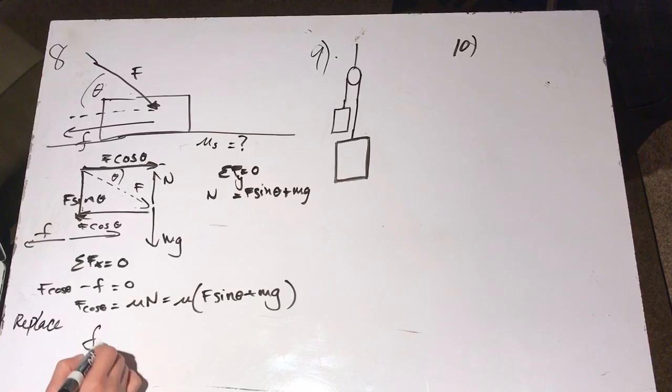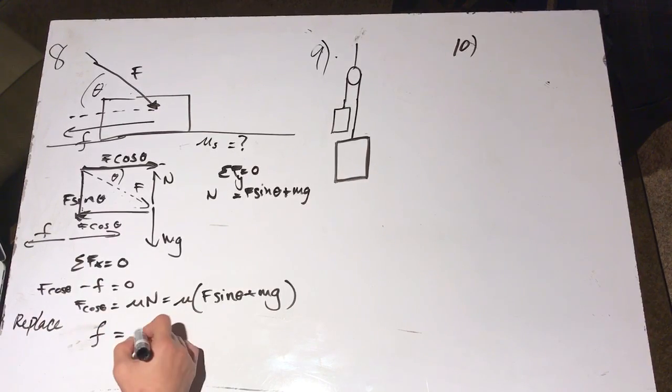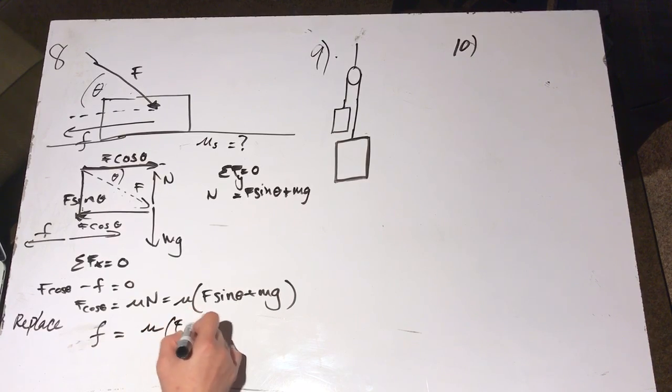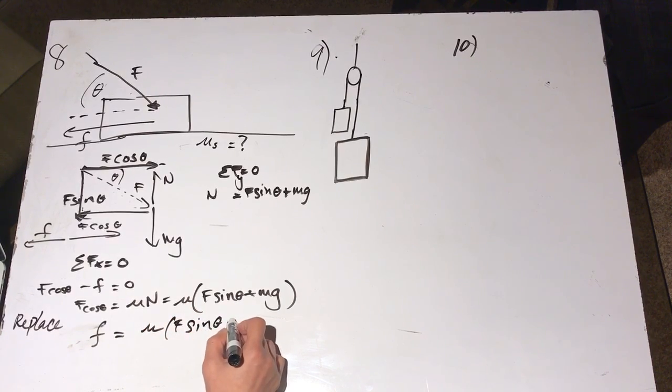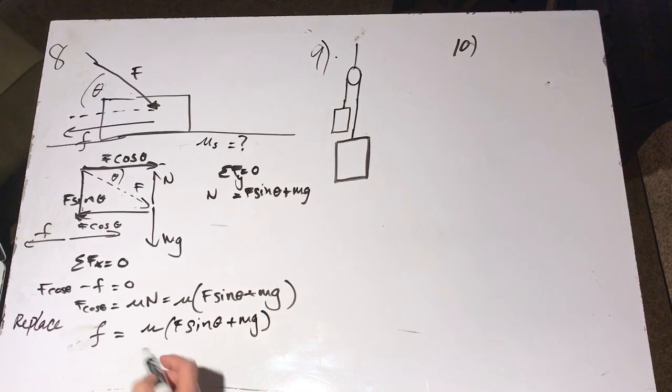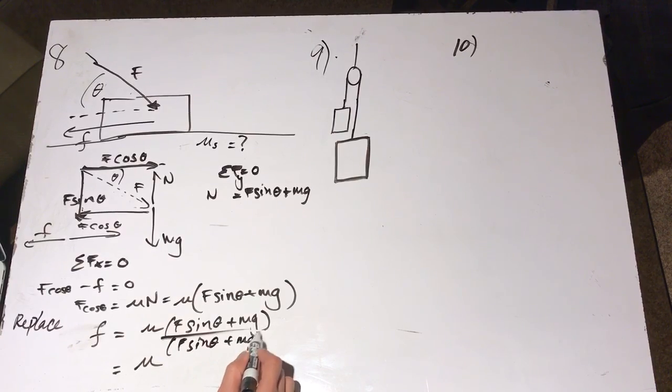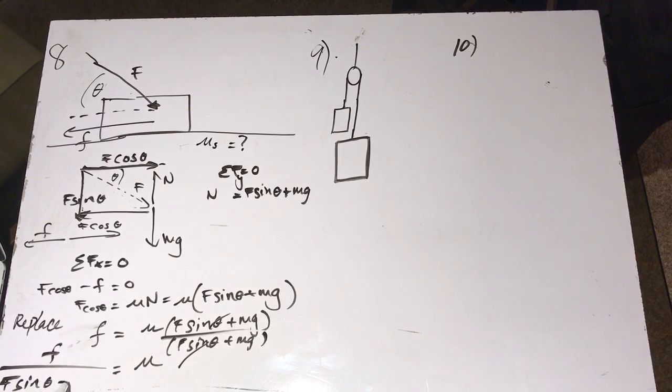F cosine theta is equal to f because based on this formula it's the same: mu times F sine theta plus mg. When we're looking for mu, I'm going to have to divide both sides by F sine theta plus mg. So my answer is mu equals F cosine theta over F sine theta plus mg, and those are the only variables that you see on the test. You don't see anything else.